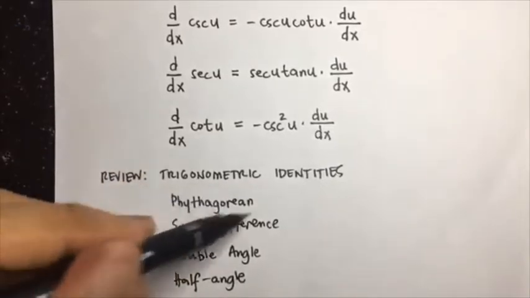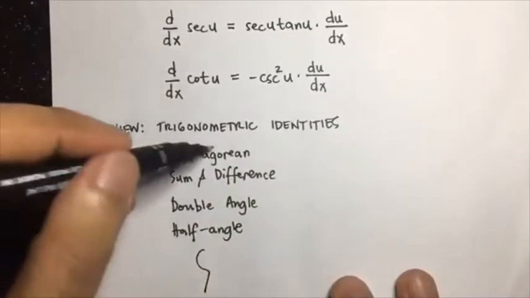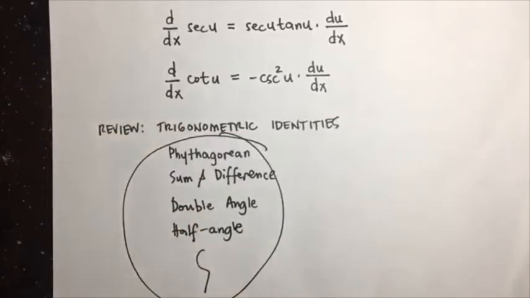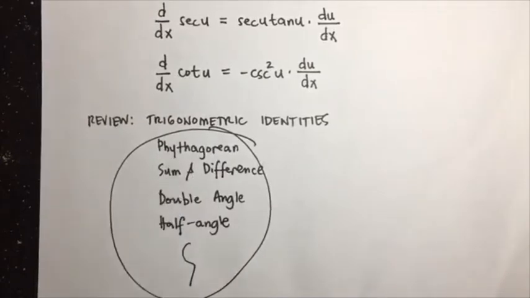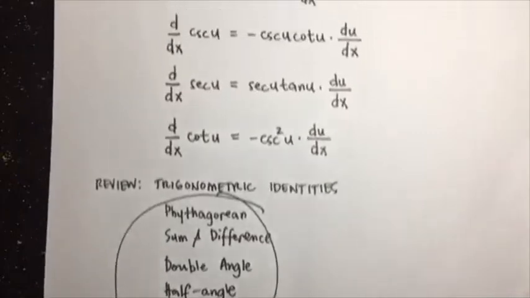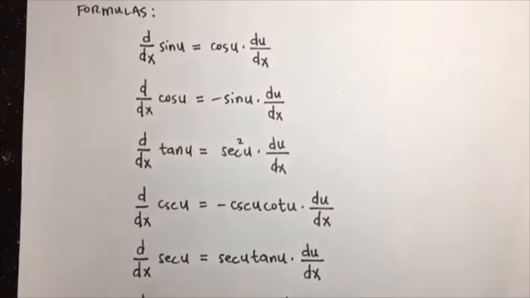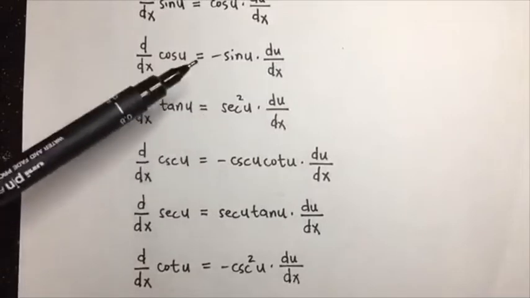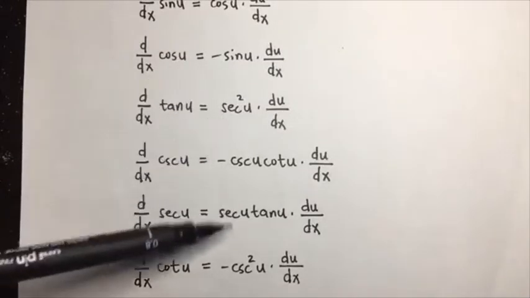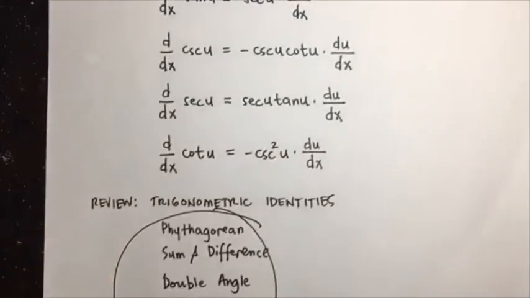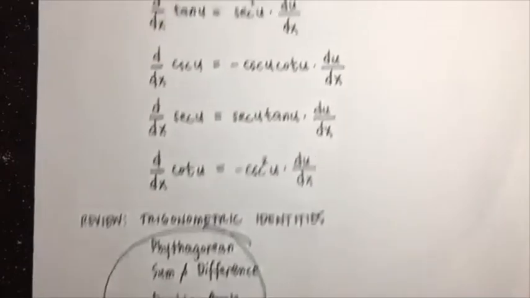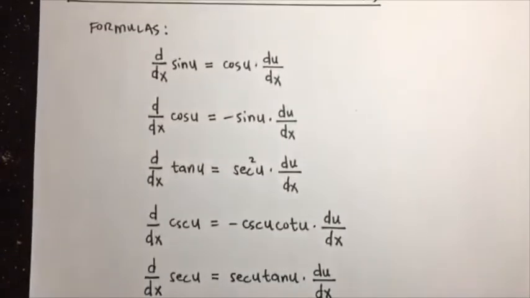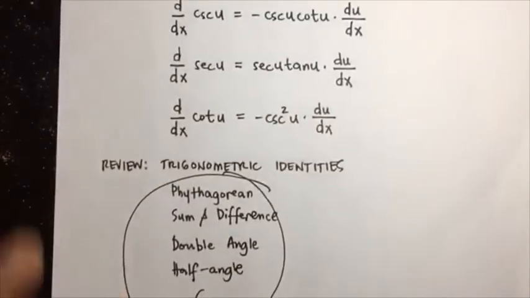I think there are more, but at least those four. Review all of your trigonometric identities involving those, because they will be very useful in simplifying derivatives as well as the final answer. Along the way, we might also apply trigonometric identities while differentiating. It's up to you how you memorize those identities.